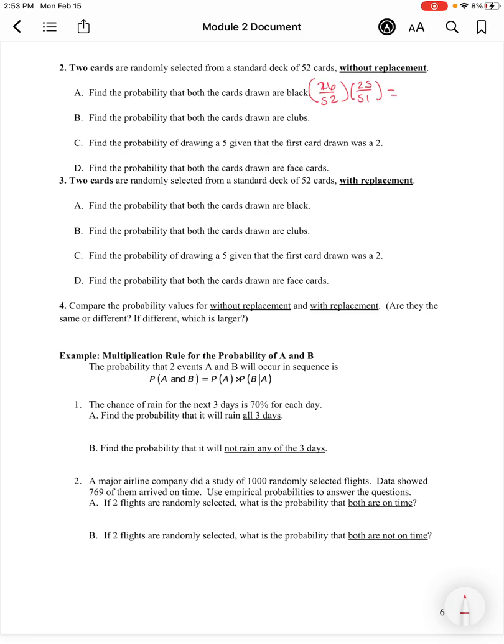So 26 out of 52 times 25 out of 51 gives you 0.2451. The probability both the cards drawn are clubs, so that would be 13 out of 52 times 12 out of 51.